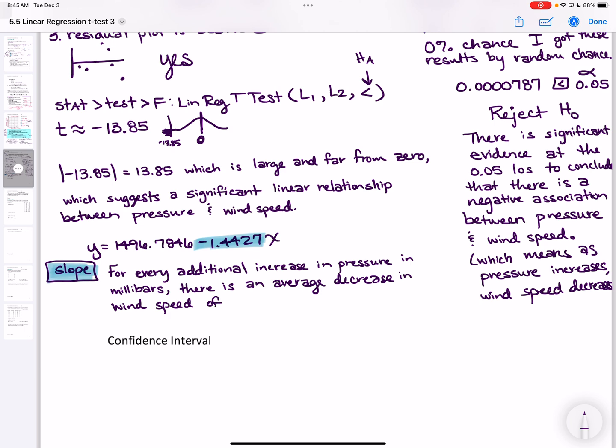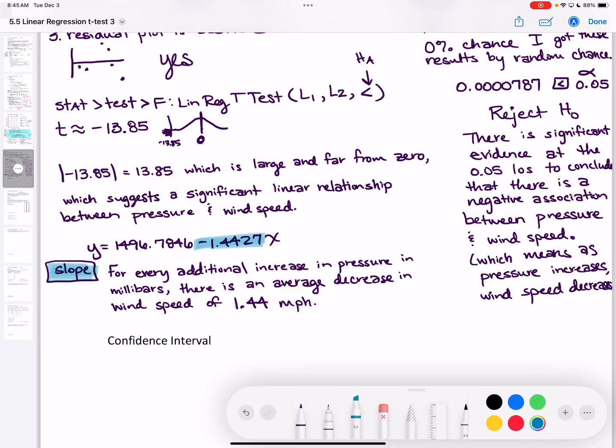Just pull that number, 1.44 miles per hour. I just pull that number from my slope, and I said decrease. Why? Because it's negative. If it had been positive, I would have said an average increase. Okay? All right, so that's your slope interpretation.